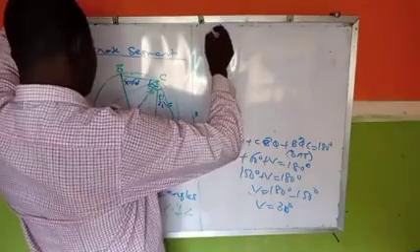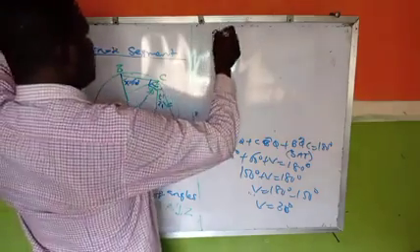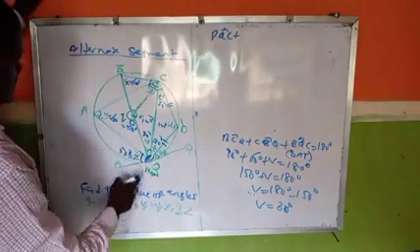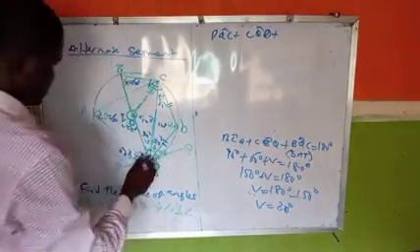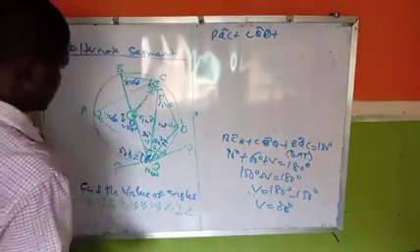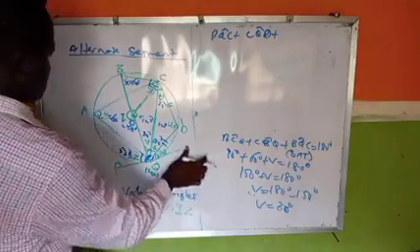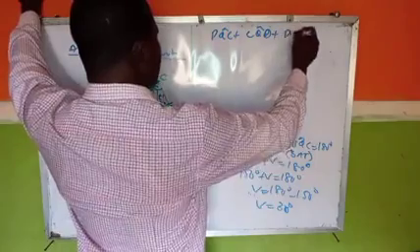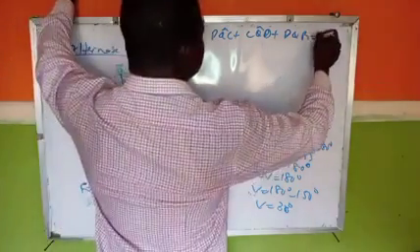So we have angle PQC plus angle CQD, that is this angle 30, plus angle DQR, that is W, equals 180 degrees.